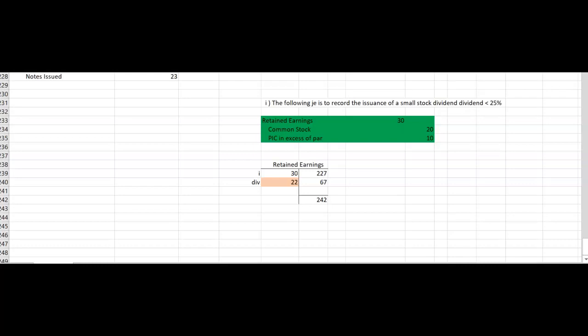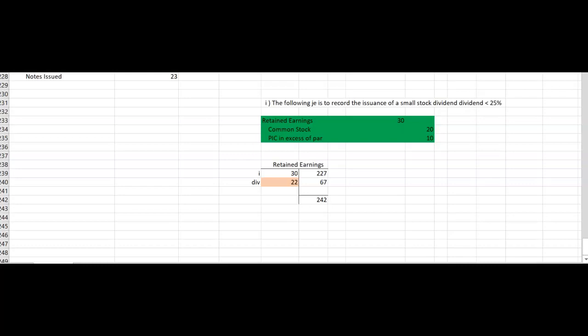The last thing we have to do is analyze retained earnings for the company, and the balance of retained earnings at the beginning of the year is 227. At the end of the year, it's 242. So, where did we get the debit for retained earnings of 30?